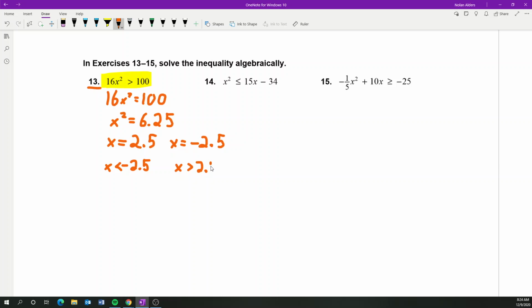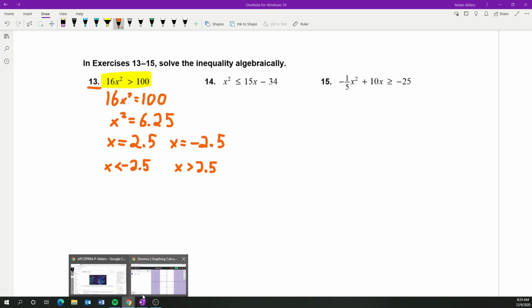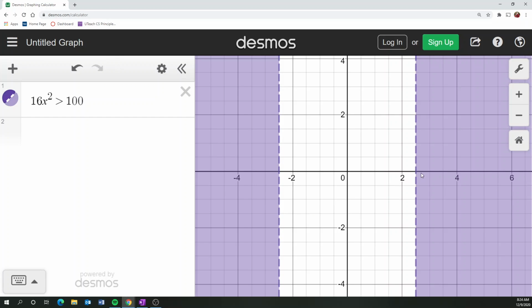And we can see that from our graph, since that part was shaded in. Again, looking back at the graph, here's 2.5 right here, so the solution over here is greater than that, and then it's less than negative 2.5 over here. But everything in between is not a solution. This area right in the middle is not a solution.